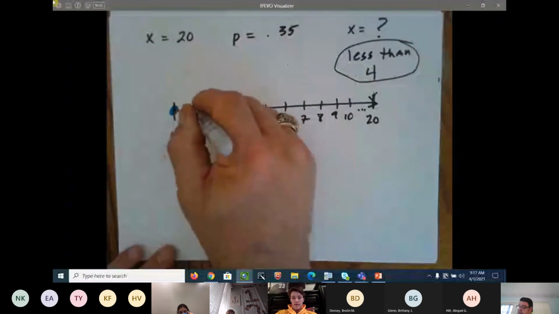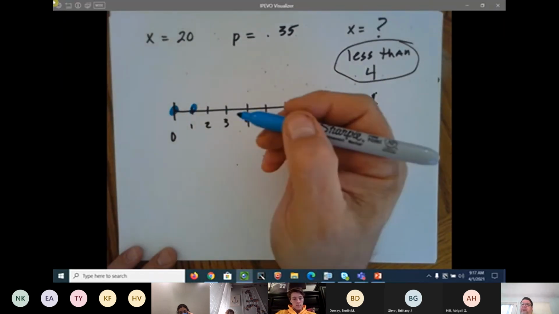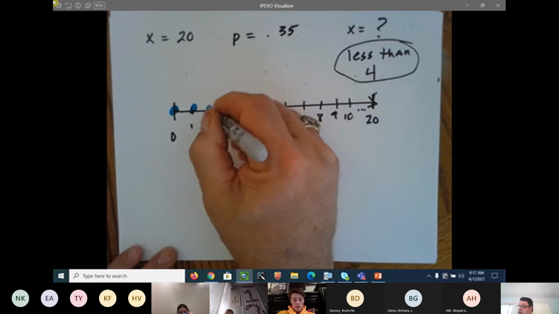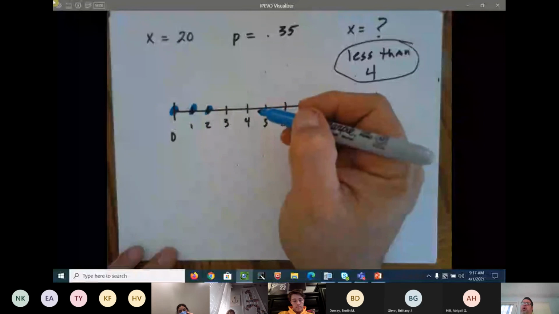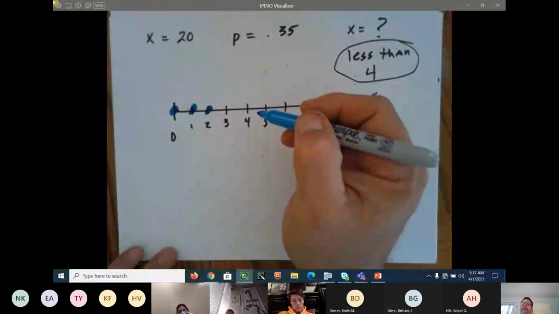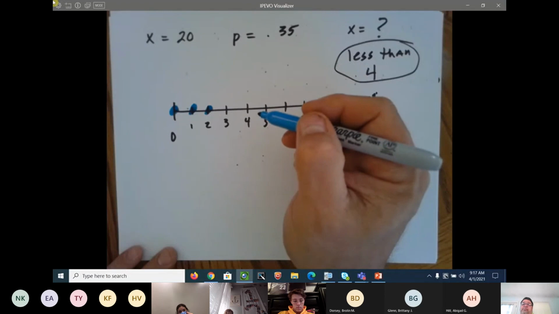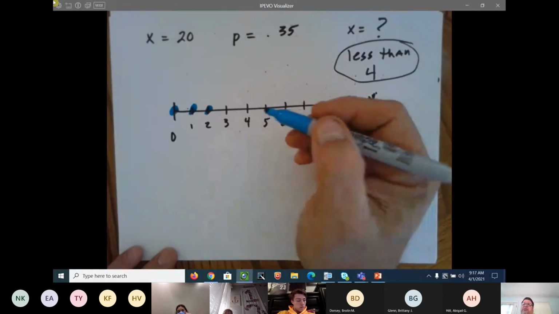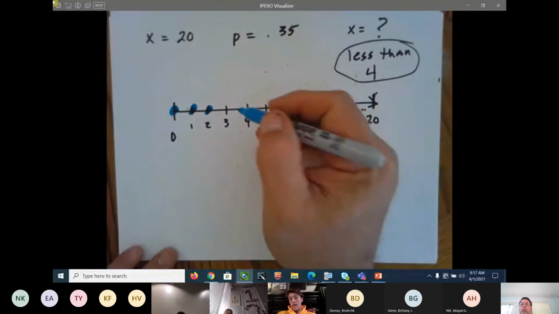Oh, and 0. Remember, does 0 households make sense? Yes. How many households in your neighborhood don't have running water and toilets? Somebody tell me how many. Somebody lives in a subdivision or an apartment.